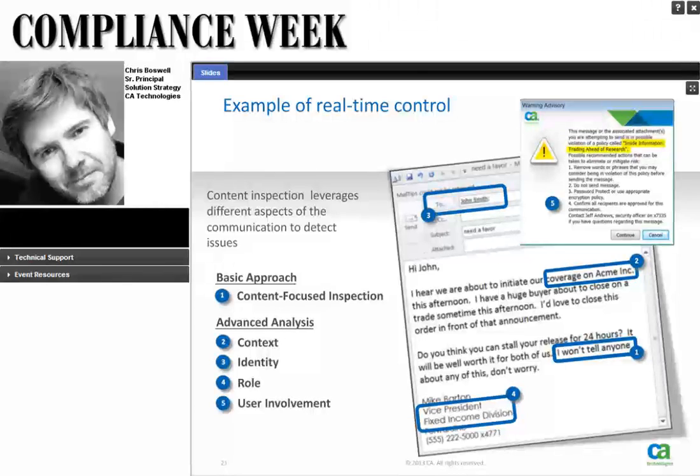But if you say, "I won't tell anyone about this deal that we're about to do," then that's obviously some additional context. So you want to be able to not only do basic keyword searches, but also look at the context. Who's sending the message? Who's it being sent to? Do you have rules restricting people within certain departments talking to other departments within certain times of the month? These are all things that you can manage with an effective supervision solution.